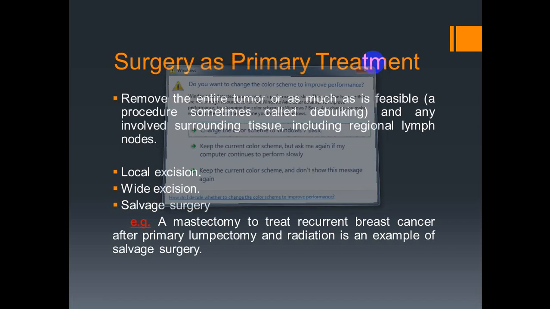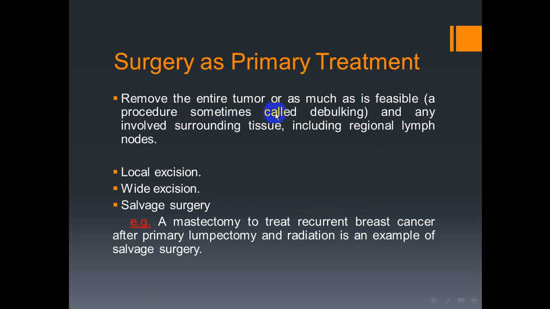This surgery is called debulking, which is local excision and wide excision, or salvage surgery. An example is a mastectomy to treat recurrent breast cancer after primary lumpectomy and radiation, which is an example of salvage surgery.